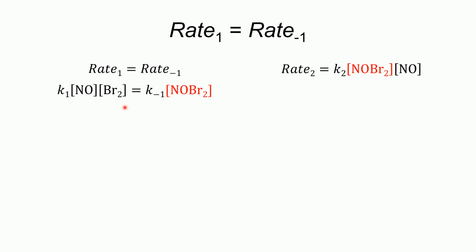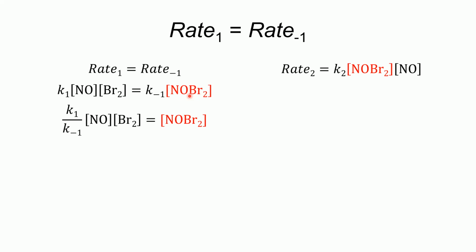And since these are now equal to each other, we can just solve this equation for the concentration of NOBr2. We'll divide both sides by k-1, and we'll get this: k1 over k-1 times the concentration of NO times the concentration of Br2 is equal to the concentration of NOBr2.